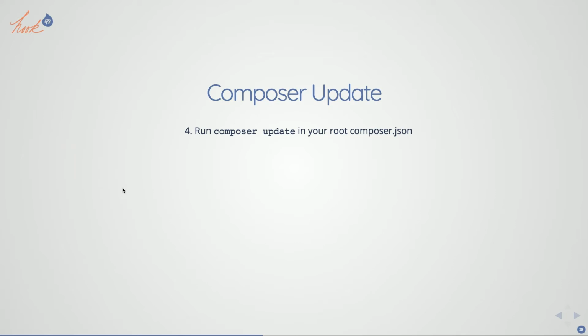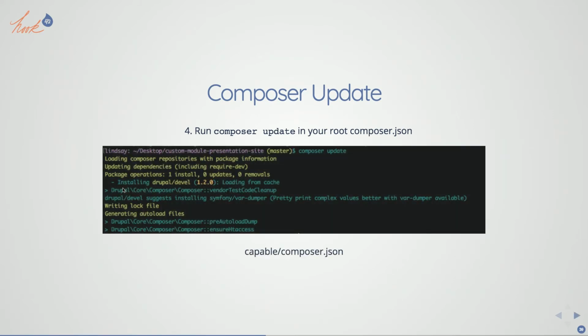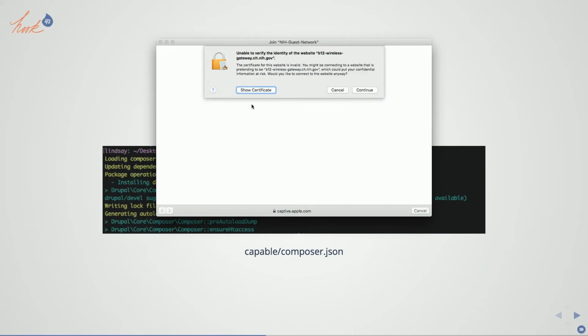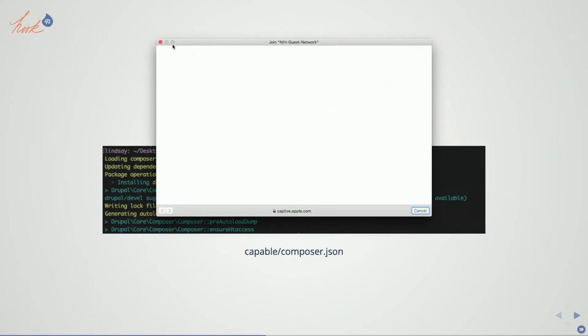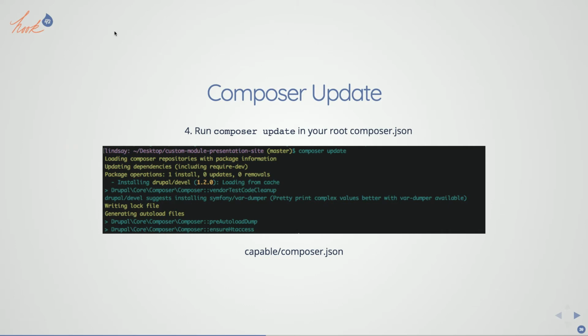And then you need to run Composer update on your root Composer file, and then that will hopefully find your custom module Composer file, and install any dependencies and know what that custom module needs to be working and happy.